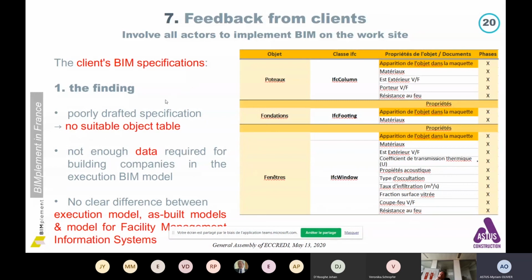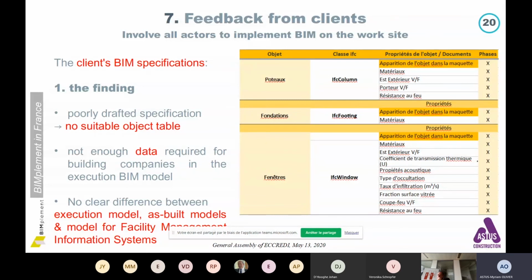When there are BIM specifications, we've seen that there's a real lack of precise requests for the BIM model data. Very often there's no precise object table that explains what data has to be referenced and filled in.